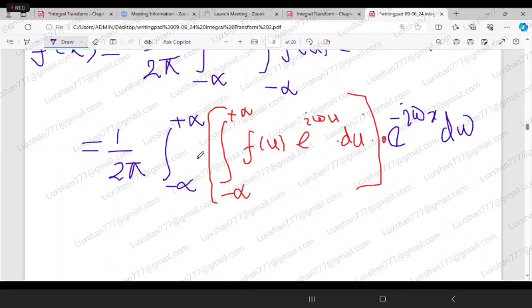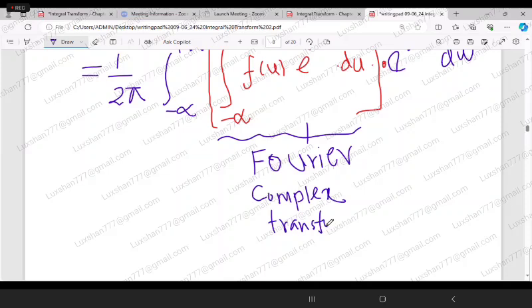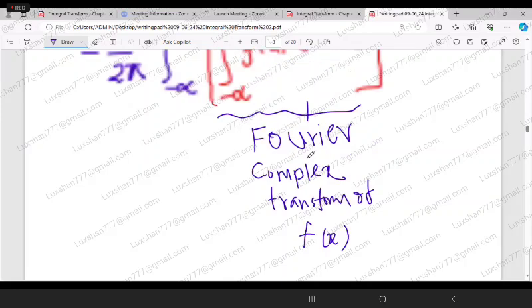Now look at here. The red color one, we call it the Fourier transform, Fourier complex transform, of the function f(u).